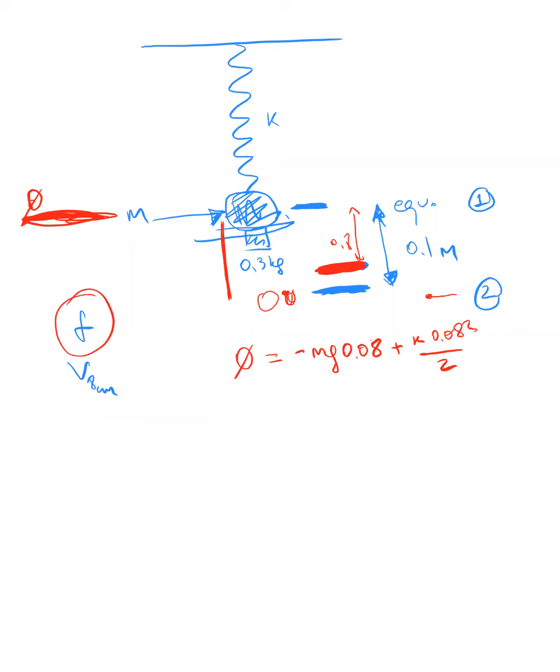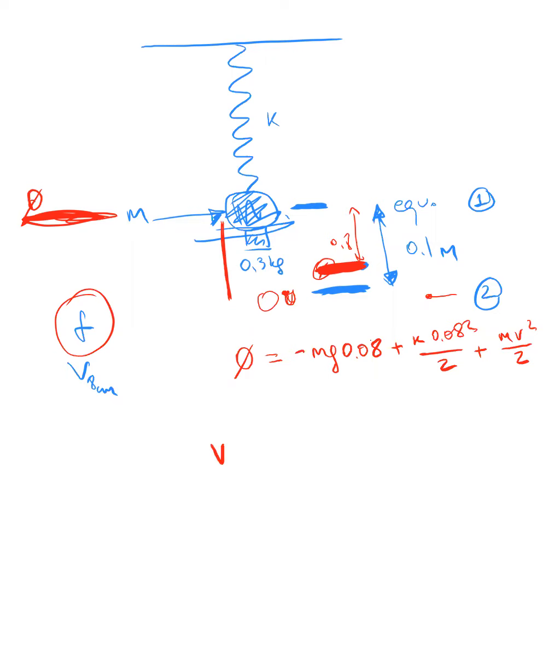And I also have some kinetic energy because my object is still moving when it's here, and that's mv squared over 2. So what I want to find from here is the velocity. Let me solve this for velocity.